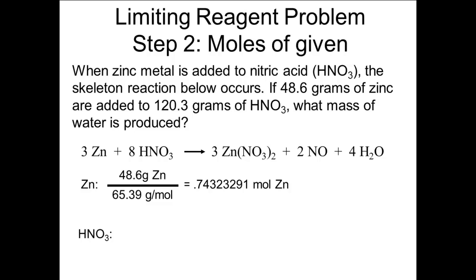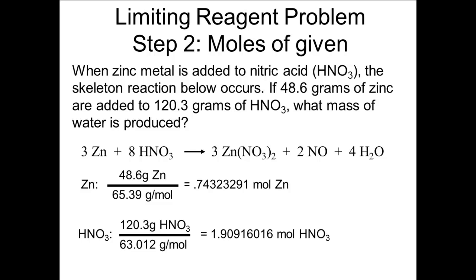For the HNO3, we do the same thing after determining the molar mass of HNO3. 120.3 grams of HNO3 divided by 63.012 grams per mole gives 1.9091616 moles of HNO3.